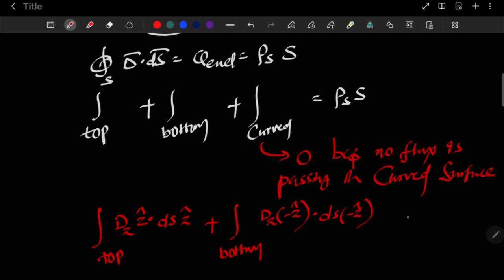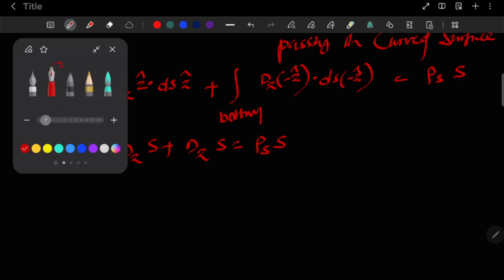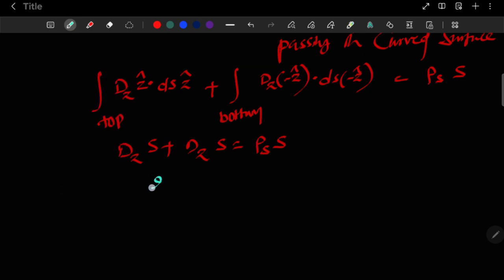Anyhow, the curved surface integral is 0. Then it is equal to rho S into S. Then what did we get? Dz into S plus Dz into S is equal to rho S into S. Then 2 into Dz into S is equal to rho S into S.